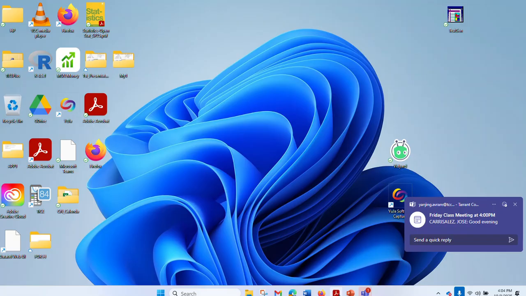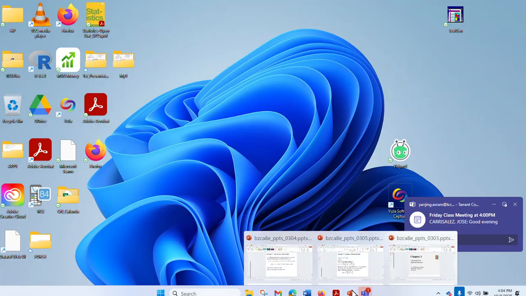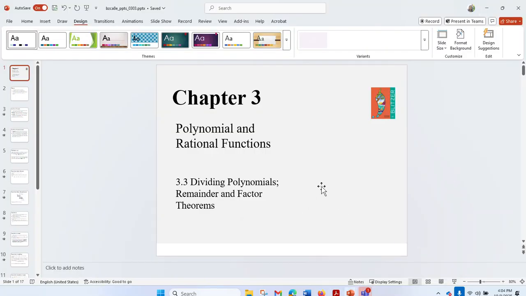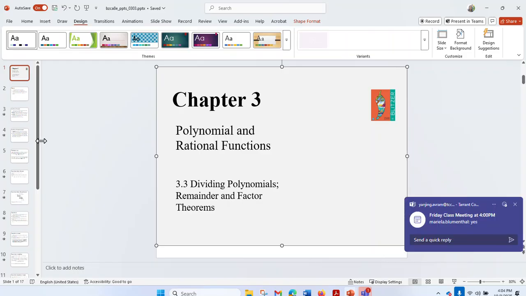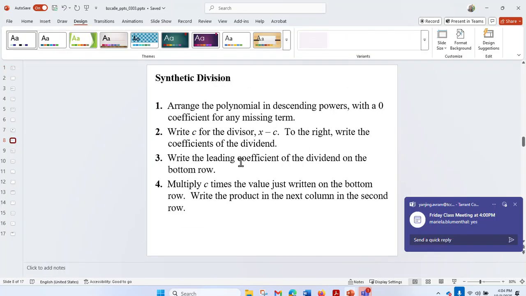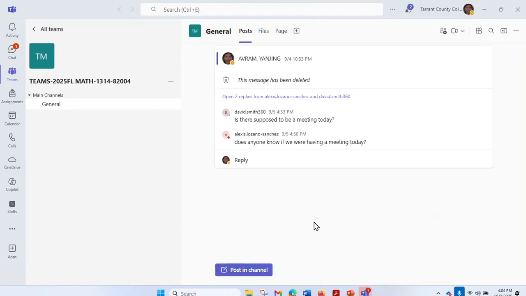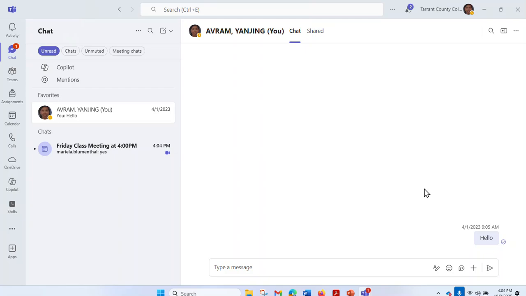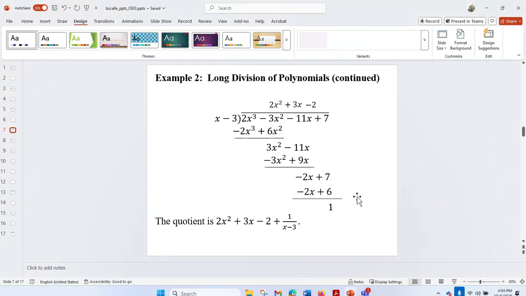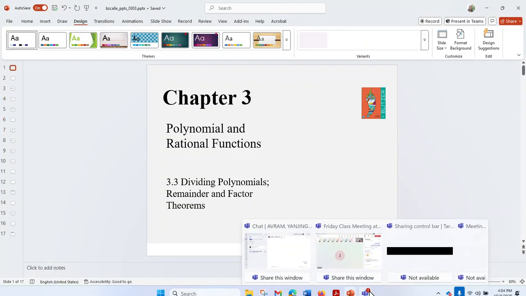Okay, can you see the screen now? Okay, so let's see.